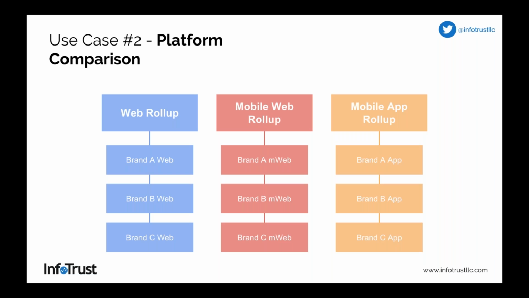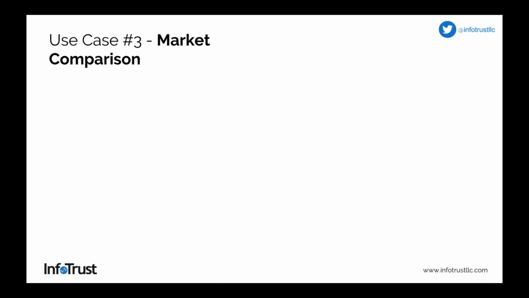And so for this, then you can compare things like users or sessions across your websites versus your mobile websites versus your mobile apps. And so we have a couple publishers that actually have this sort of setup with rollup properties, where it's nice for them to be able to then compare and contrast if their audience is growing for web versus mobile app, and make those comparisons, which is very valuable for them.